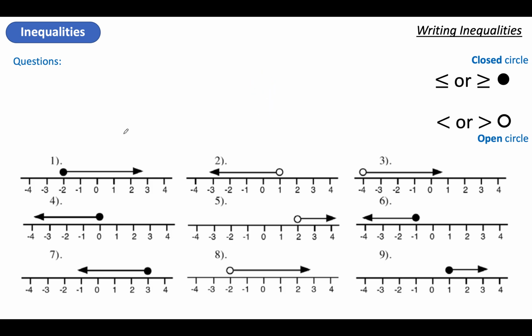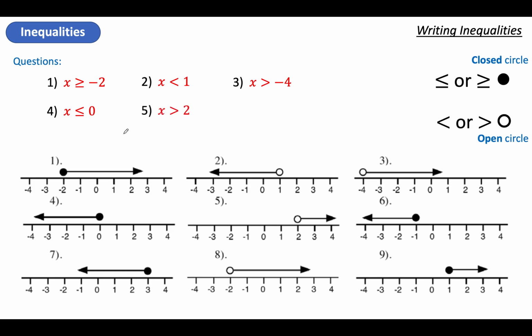You have unpaused, and here come the answers quite quickly this time because I think we've done a few of these. Firstly, x is greater than or equal to -2. Question 2, x is less than 1. Number 3, x is greater than -4. Number 4, x is less than or equal to 0.